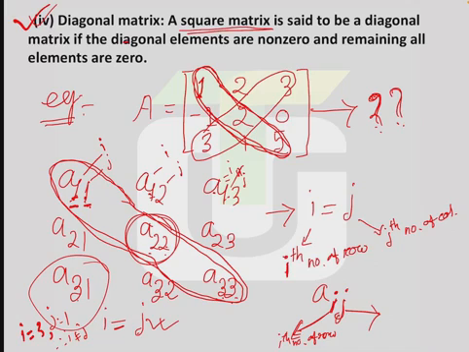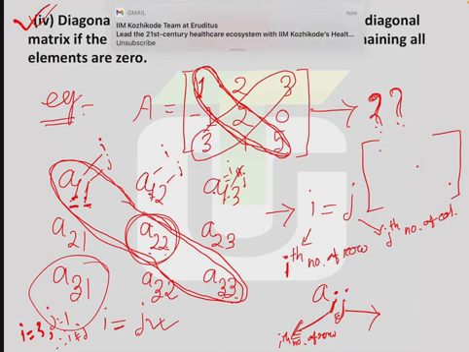Clear? And the diagonal matrix is what? Diagonal elements are non-zero, right? That means these diagonal elements are non-zero and the remaining elements are all zero.